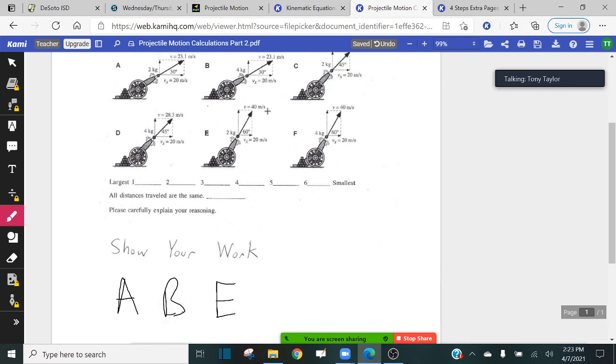As soon as you're done showing me your work, just rank from greatest to smallest. And if you have situations where you have ties, you would just circle that to indicate a tie. So I'm going to circle A and B to indicate that they're tied.